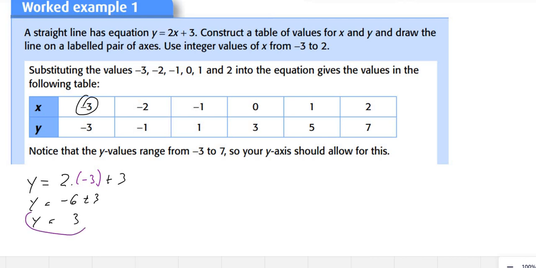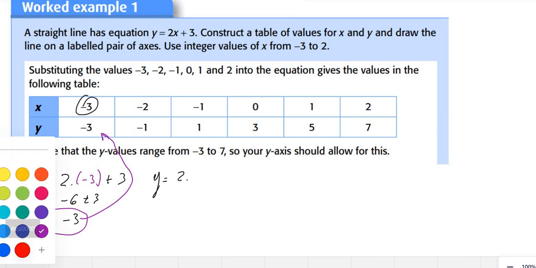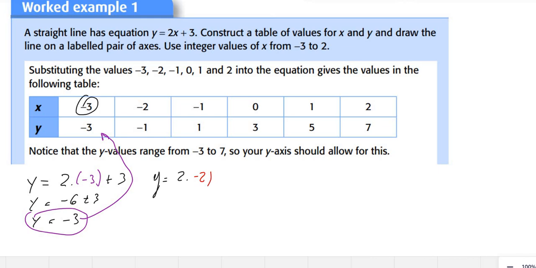So this is the value of y for x equals -3. In this case, let's say y equals 2 multiplied by -2, which is the value of x, plus 3. Y equals -4 plus 3. Y equals -1. So -1 is this value.